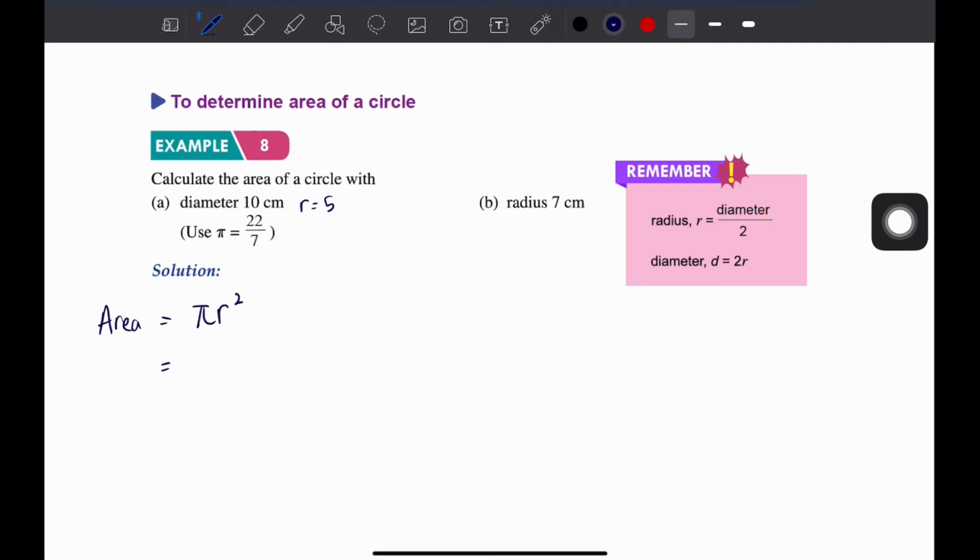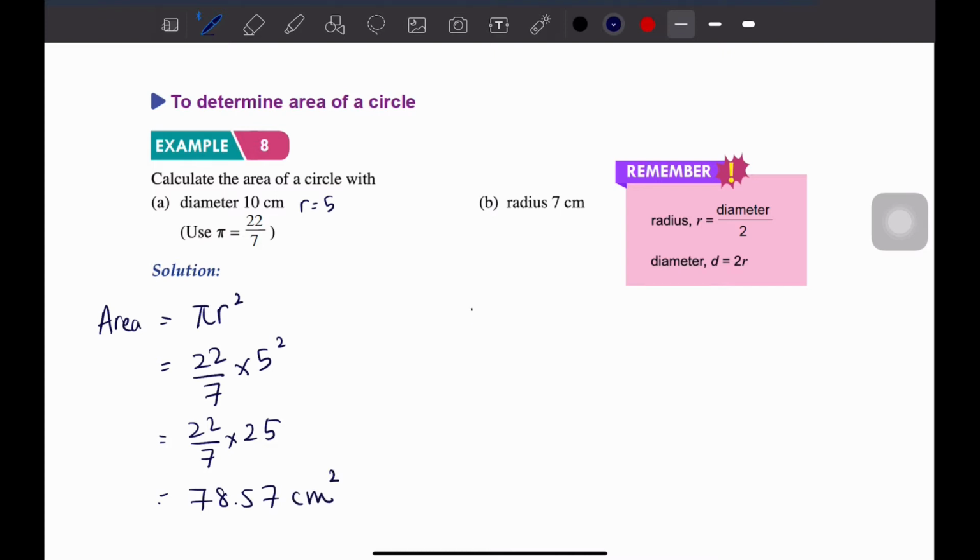Okay, so the answer is 22 over 7 times 5 square. Okay, so 22 over 7 times 5 square is 25. So press your calculator. 22 over 7 times 25. So 78.57 centimeters square because it is area.